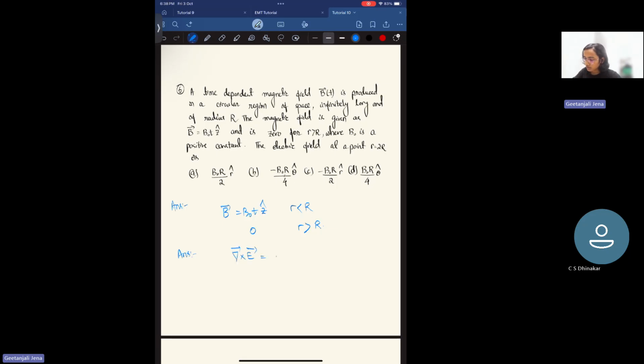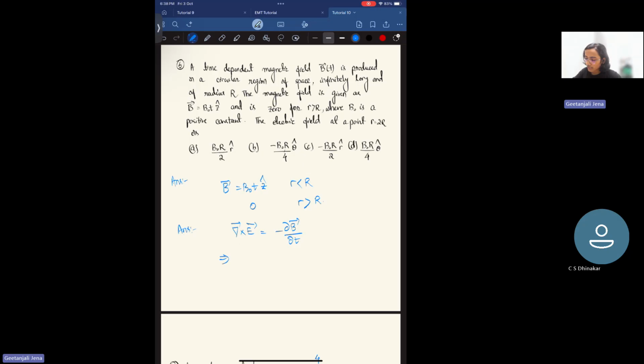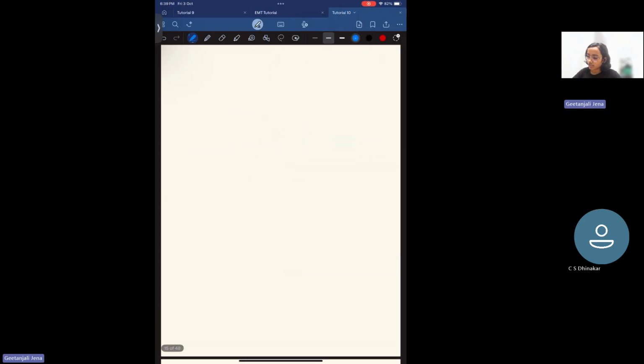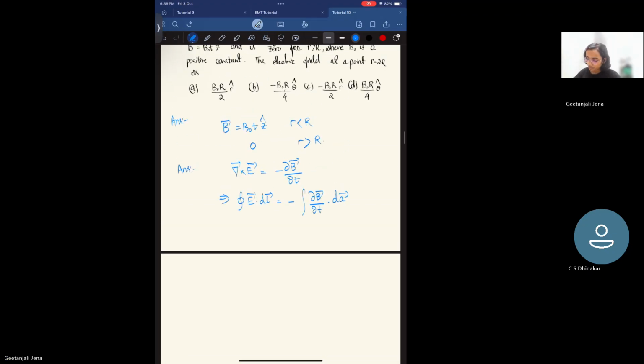Curl of E is minus of ∂B/∂t, or you can also rewrite it as ∮E·dl is minus the integration of ∂B/∂t·dA. This we have already seen. So let us solve it.